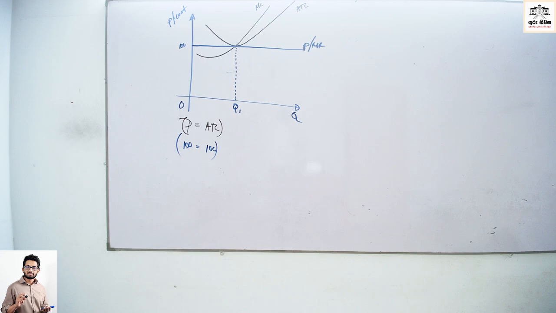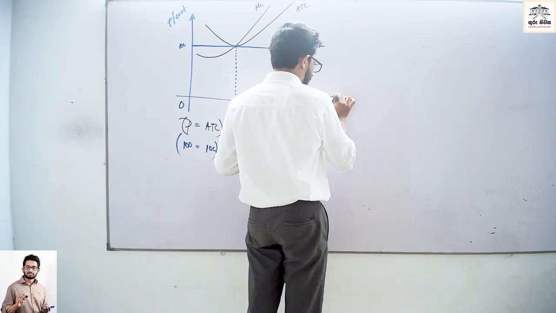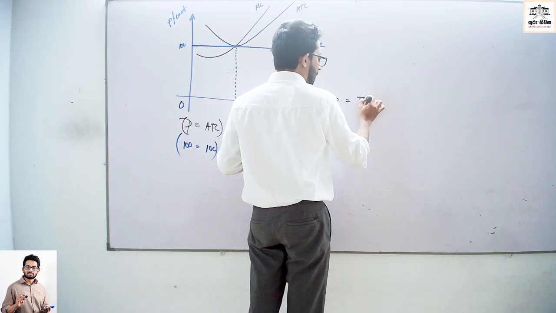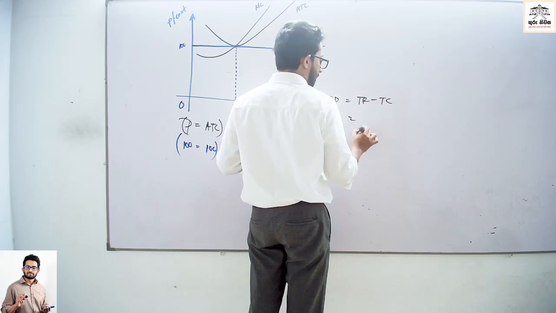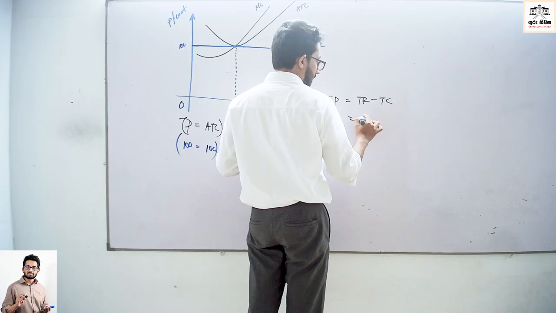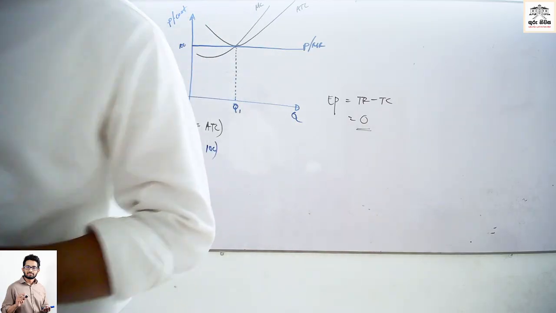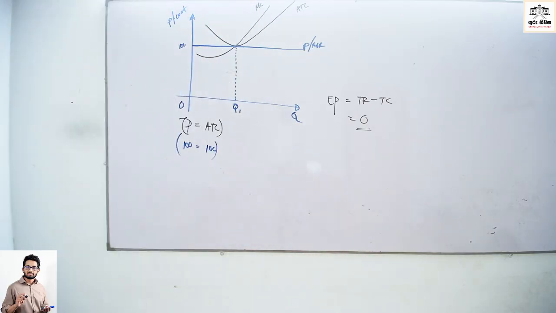In this diagram, no profit area, as economic profit is zero. If you calculate economic profit, TR minus TC, TR and TC are equal, so economic profit would be 0.